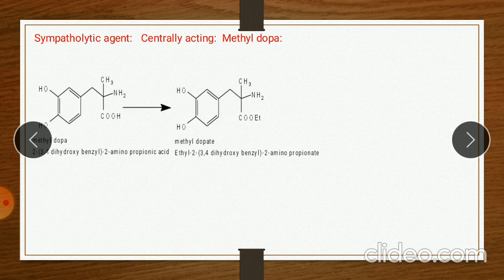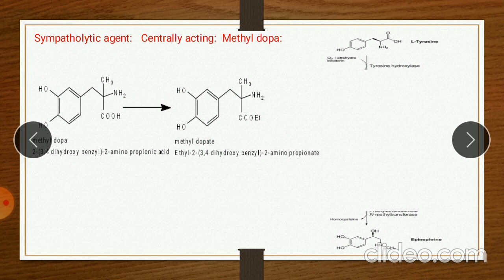To increase its water solubility for parenteral administration, it is esterified and converted into an ester, referred to as methyldopate. This ester is used to prepare parenteral solution of methyldopa, having a pH range of 3.4 to 6. So methyldopa is a centrally acting sympatholytic agent.